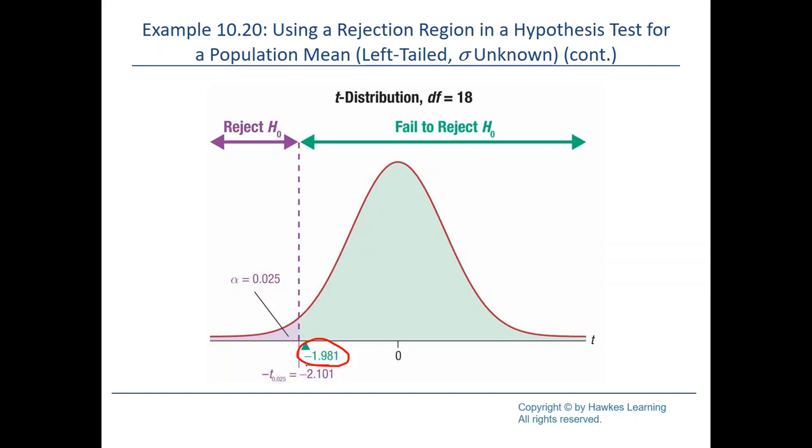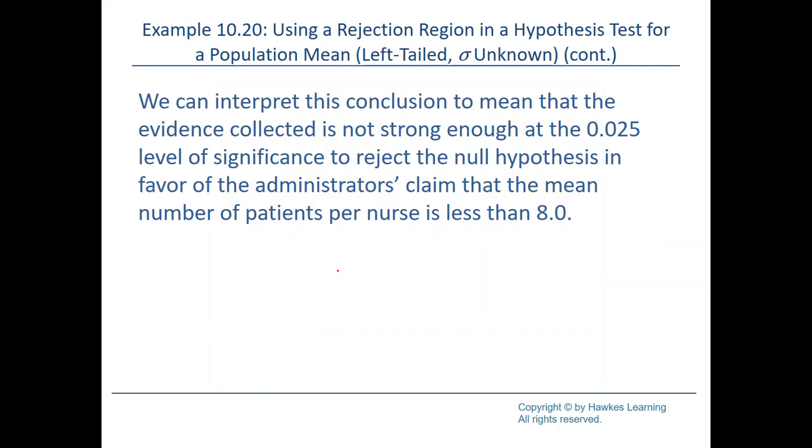Because of that, it does not fall in the reject zone, so we fail to reject. We can interpret this conclusion to mean that the evidence collected is not strong enough at a 0.025 level of significance to reject the null hypothesis in favor of the administration's claim, meaning that we do have to kind of go with what the nurses are claiming.